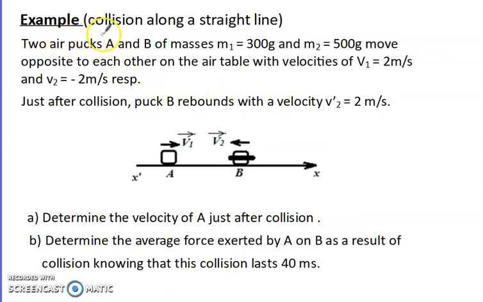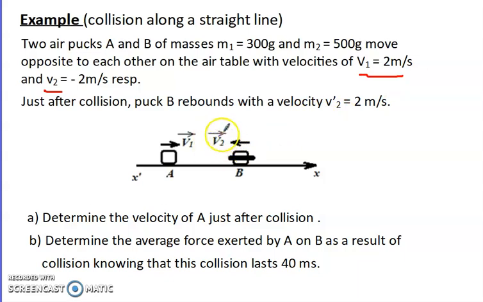Here in this example, we have a collision along a straight line, say along x'x. We have two air pucks, A and B, with masses 300 gram and 500 gram, moving opposite to each other on an air table with velocities 2 meters per second and minus 2 meters per second. Look here, this is an algebraic value of the velocity, because an algebraic number could be positive or negative, right?